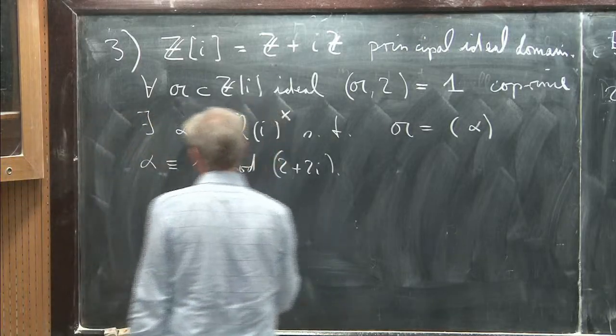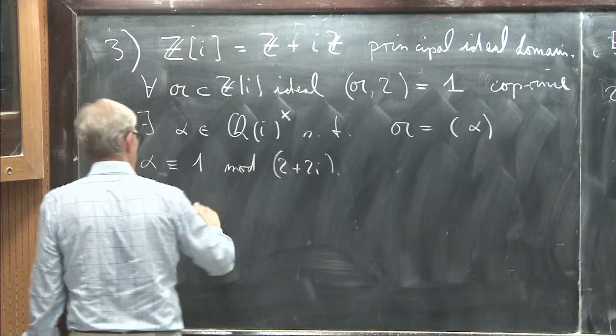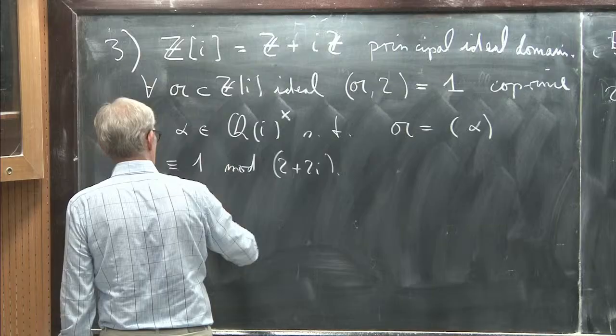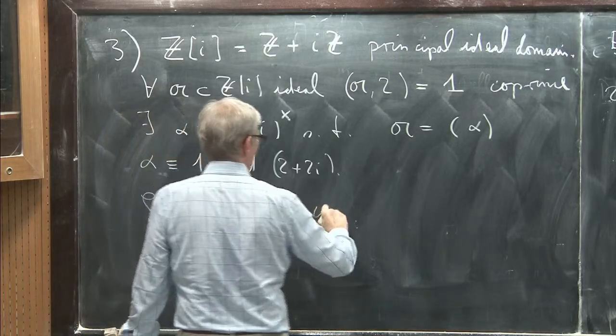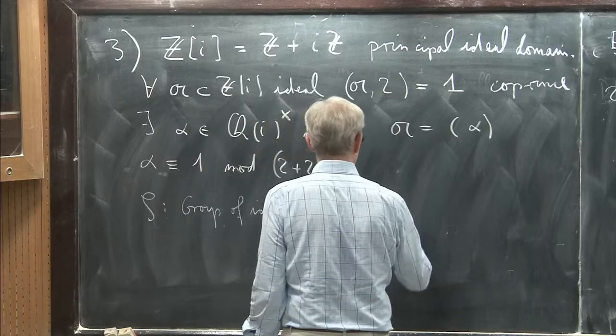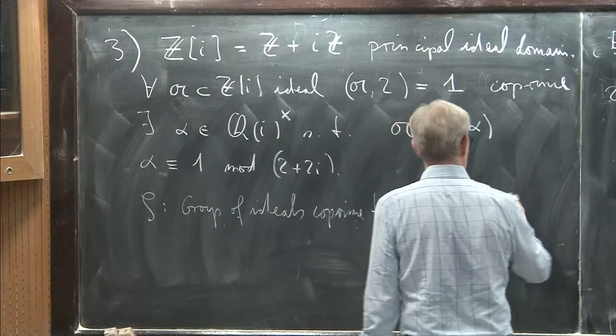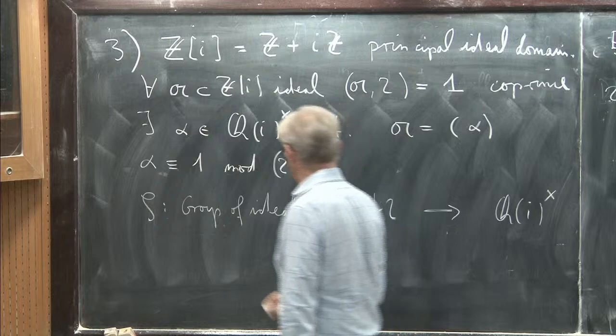But now we consider the following character. So rho goes from the group of ideals coprime to 2 to just this algebraic number field, and it does the following.